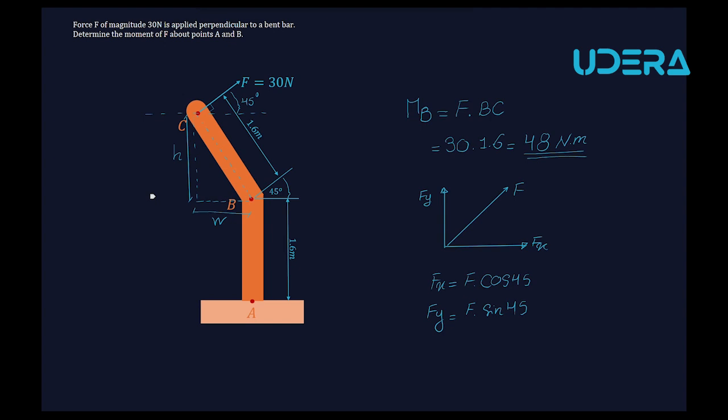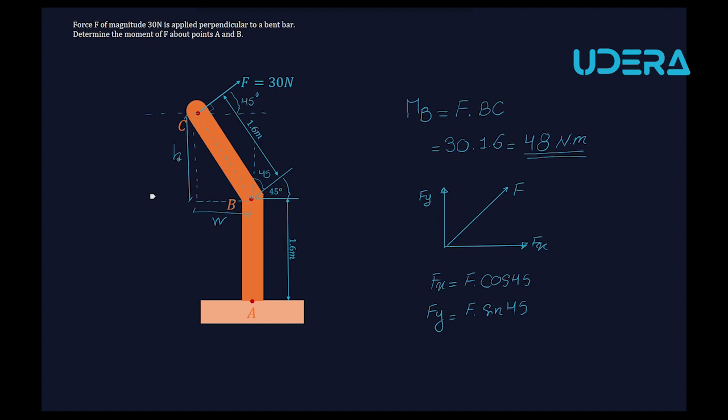Again, from geometry and trigonometry, I can say, since this angle at the joint is 45 with respect to the horizontal direction, so if I consider a dashed line perpendicular to the point B, this angle will be 45 as well.